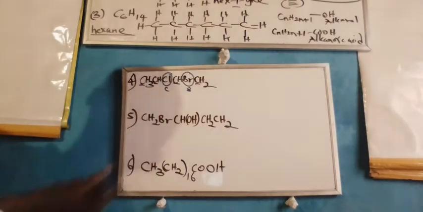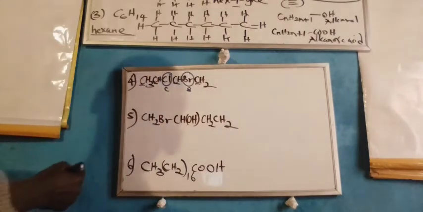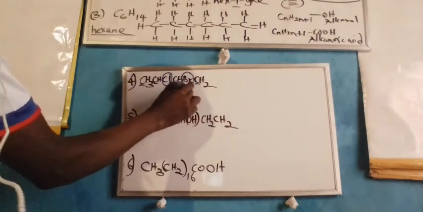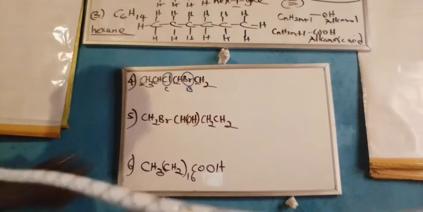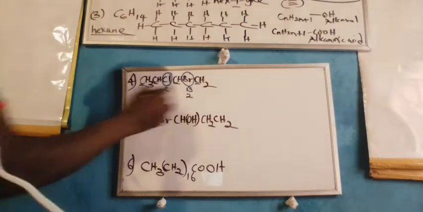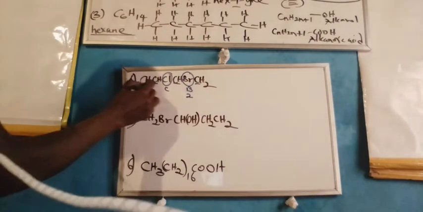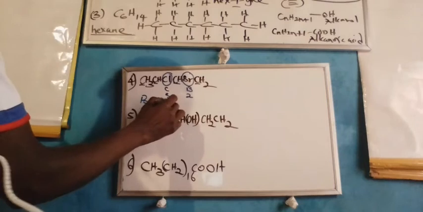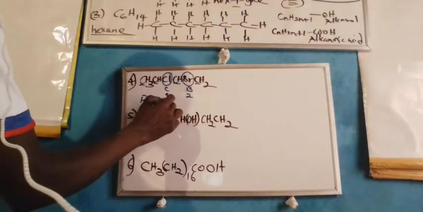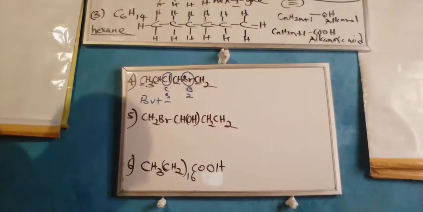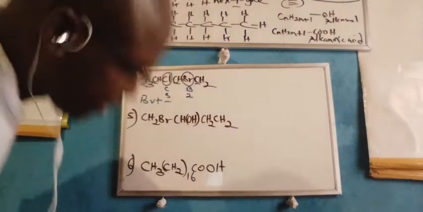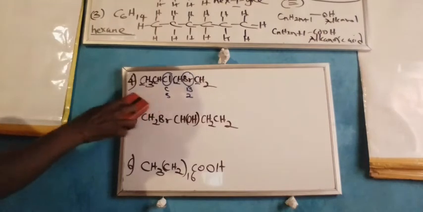So it's a but- molecule, but this but- molecule carries bromine in position 2, which is the second carbon, and it carries chlorine in position 3. So I could name it as butane, but then I will begin with the foreign molecules.